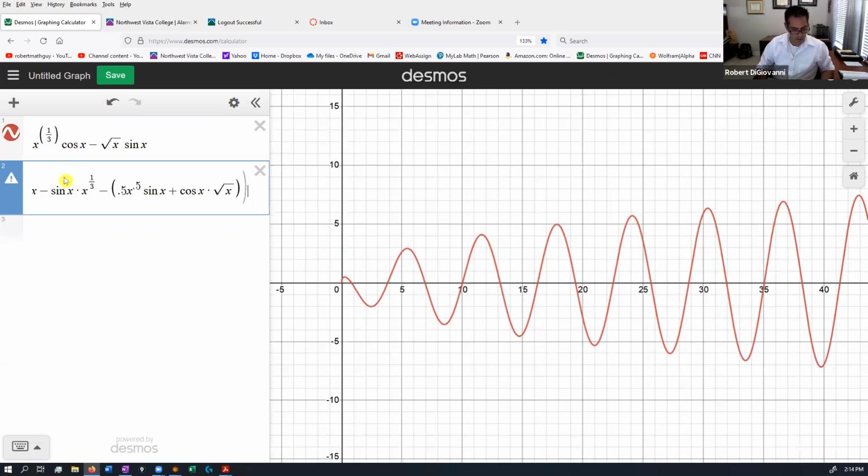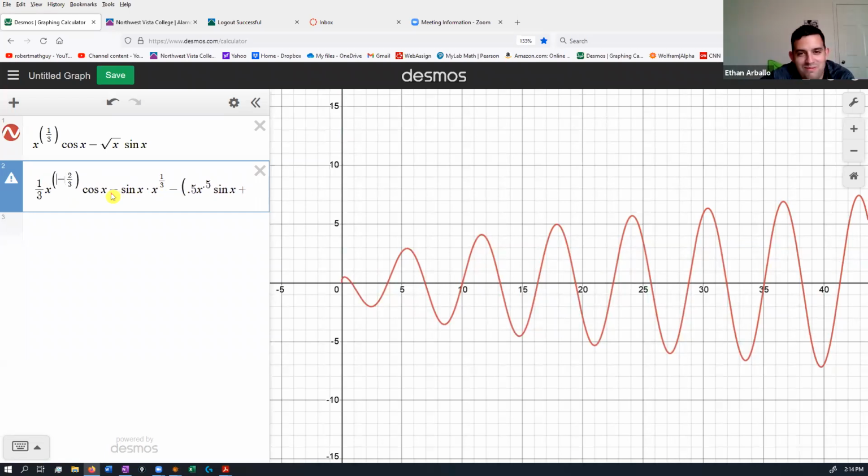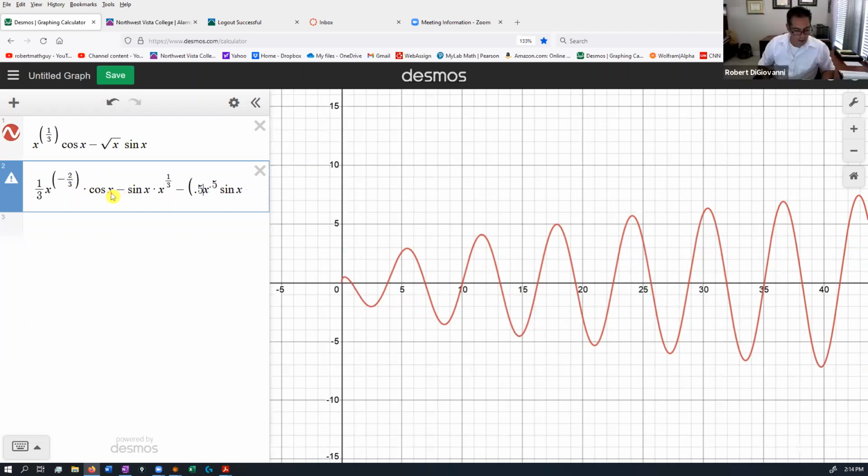Why is it not doing that? Something's wrong. You broke it. I broke it. The negative on the 0.5. It didn't like that, did it? What is wrong? It doesn't like this at all. Okay, let me do this. 1/2 x to the 1/2.